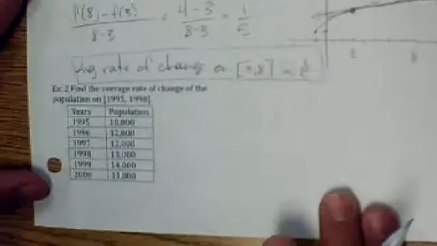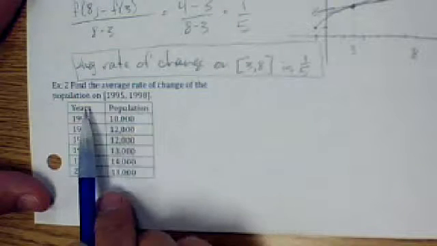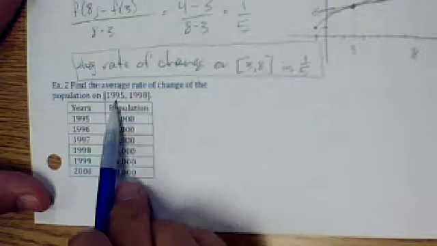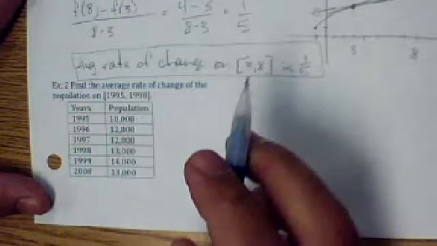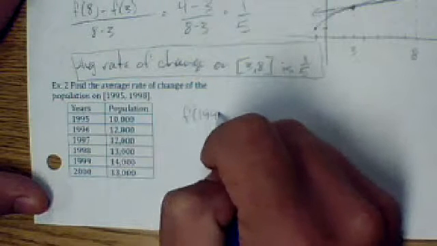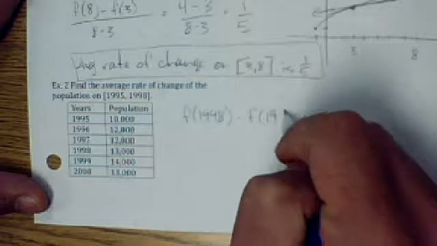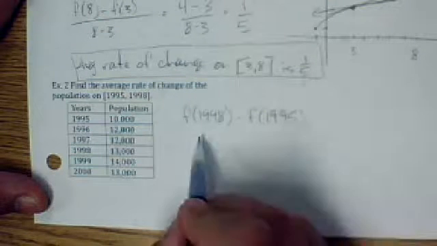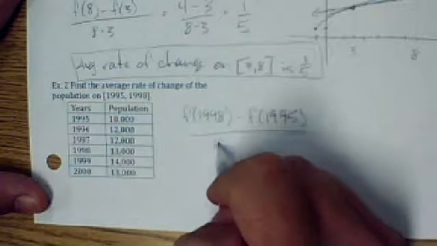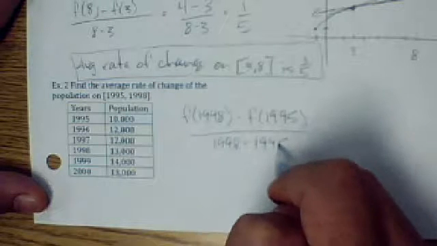Let's move down here to example number 2. We're going to find the average rate of change of the population on 1995 to 1998. So we're looking for f of 1998 minus f of 1995 and we put that over 1998 minus 1995.